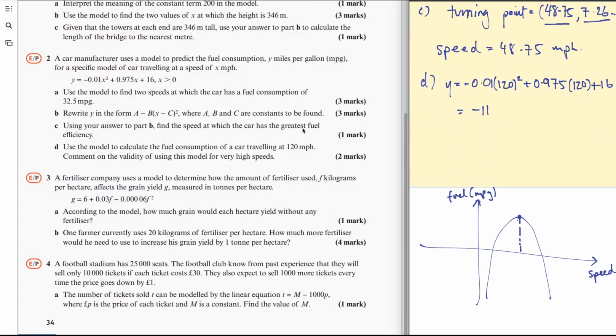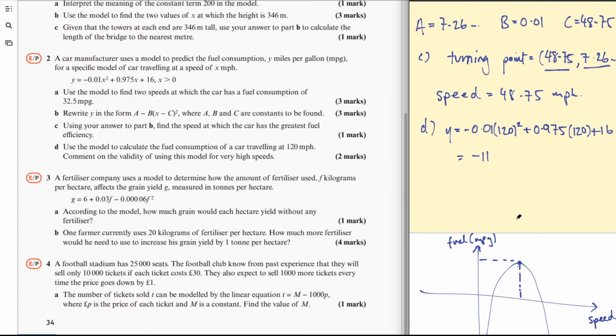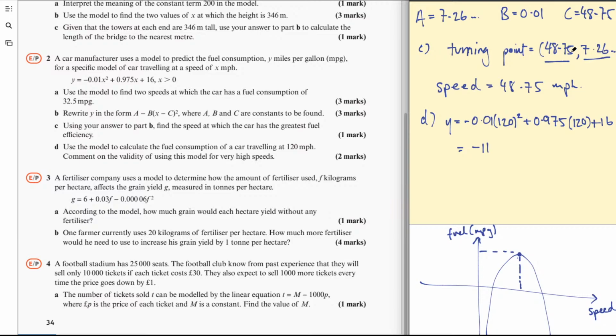Oh, so greatest fuel efficiency. Does that mean the highest speed, sorry. So greatest fuel efficiency. What does that mean in this context? So I'm confused because this turning point we found was a maximum, and part C was saying use part B to find the greatest fuel efficiency.